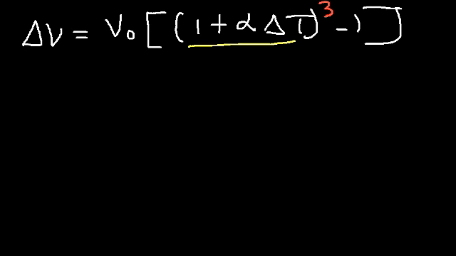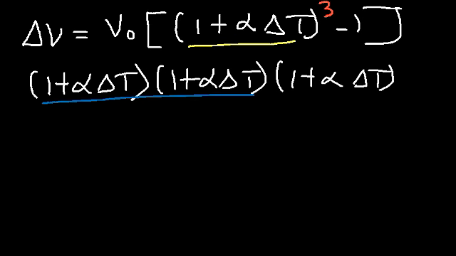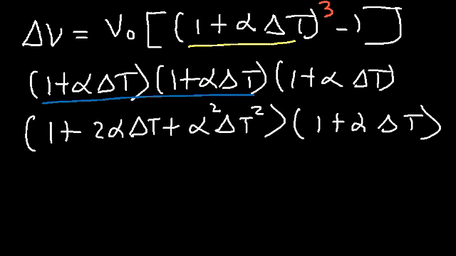Now let's FOIL this 3 times. So it's 1 plus alpha delta T times another 1 plus alpha delta T times another one. Now we've already FOILed these two early in the video. We said it was 1 plus 2 alpha delta T plus alpha squared delta T squared. So now let's distribute it to 1 plus alpha delta T on the right.